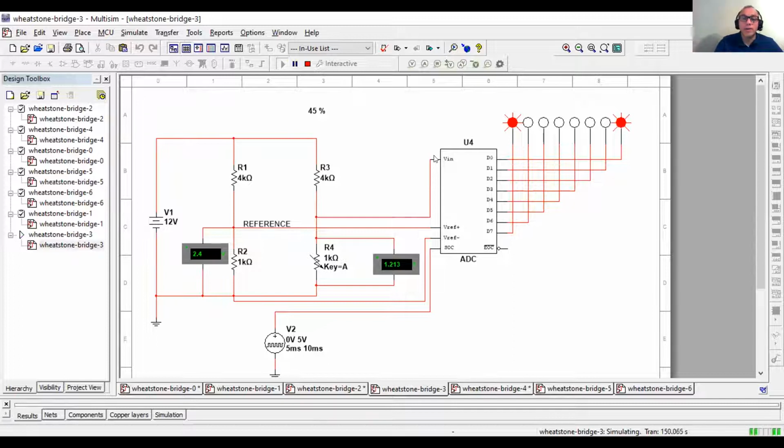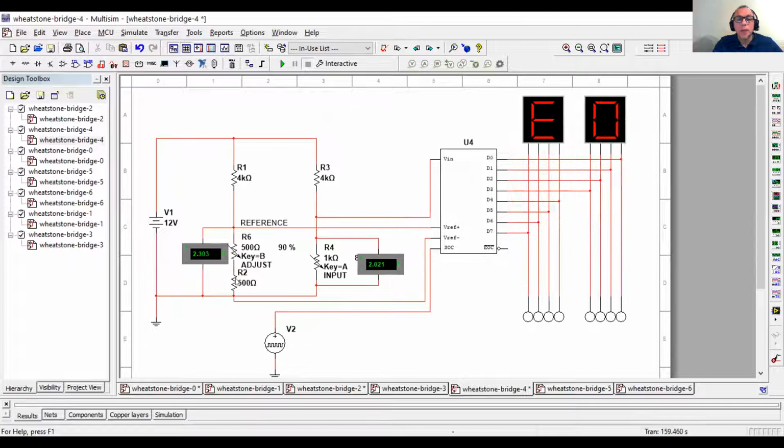How do we do that? Well, our reference voltage is set by R2. It's fixed, okay? But if we go to the next simulation, I put an adjustable variable resistor in this little network down here for R2.